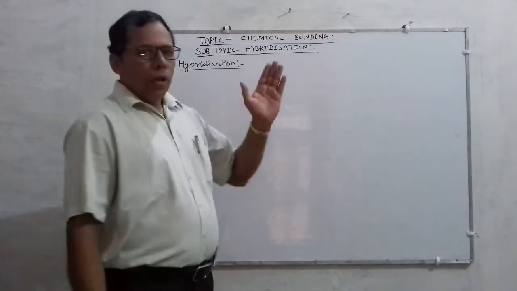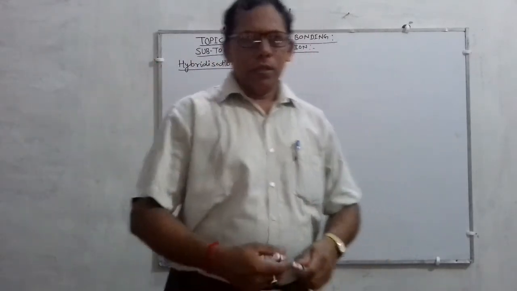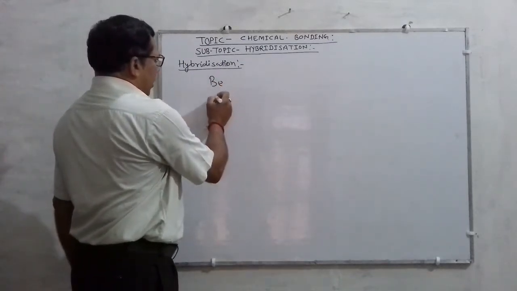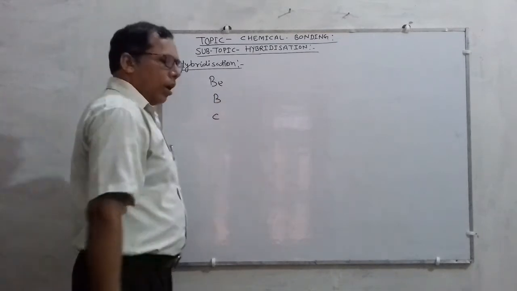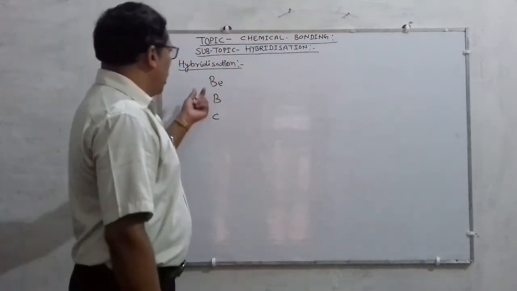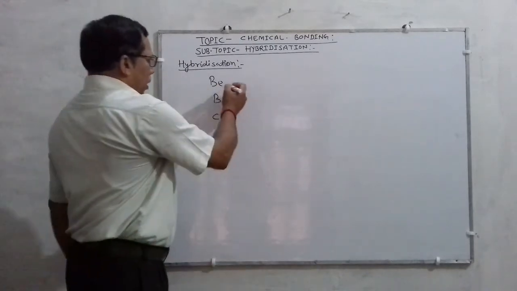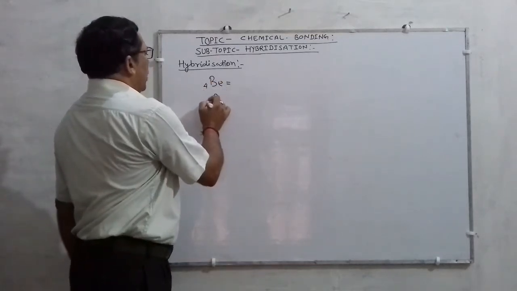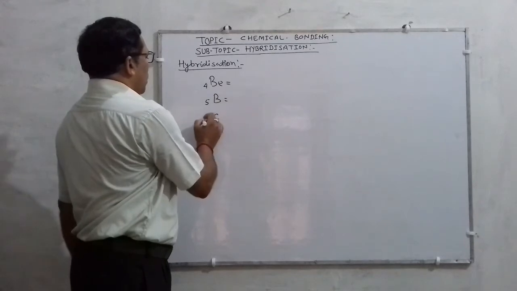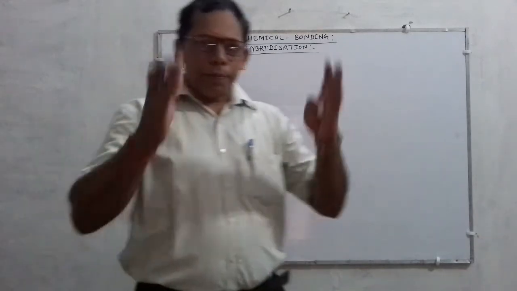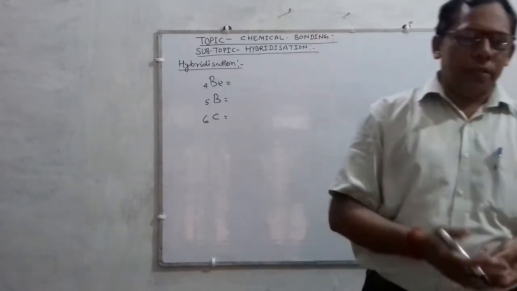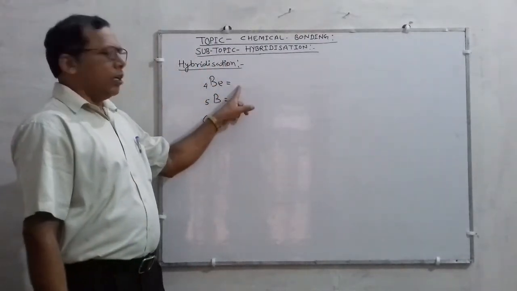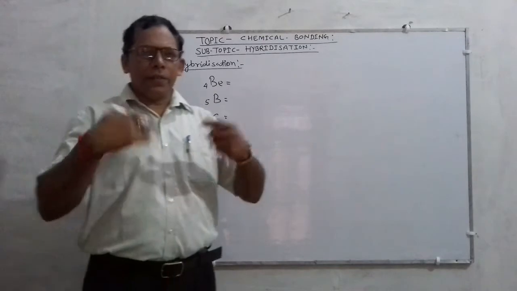One thing you have to notice: for elements like beryllium, boron, and carbon, if you write their electronic configuration in orbital form, you will find that their expected and observed valencies differ.